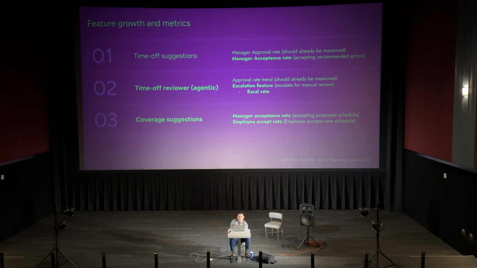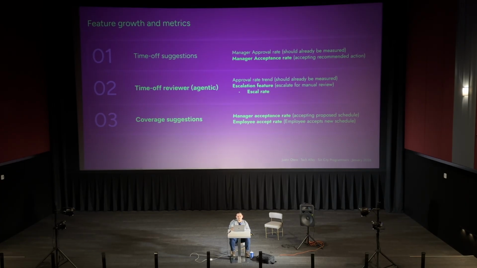And the next is, does Jessica accept her new shift, right? So that's now coverage suggestions. So we went from time off suggestions to a time off reviewer that's actually taking action. We're measuring each part of the way, and now we're recommending who's going to fill in the gaps.